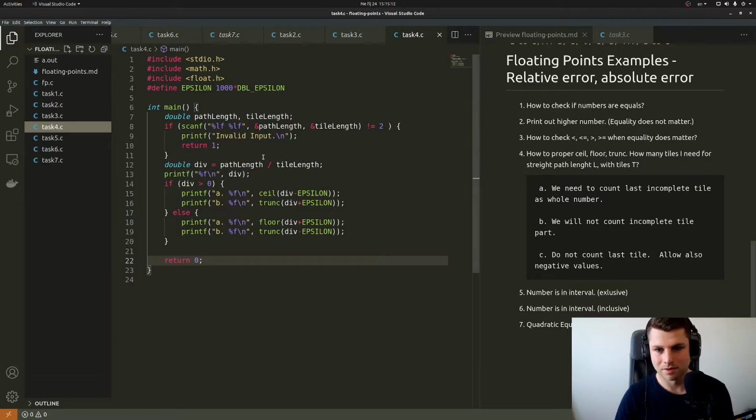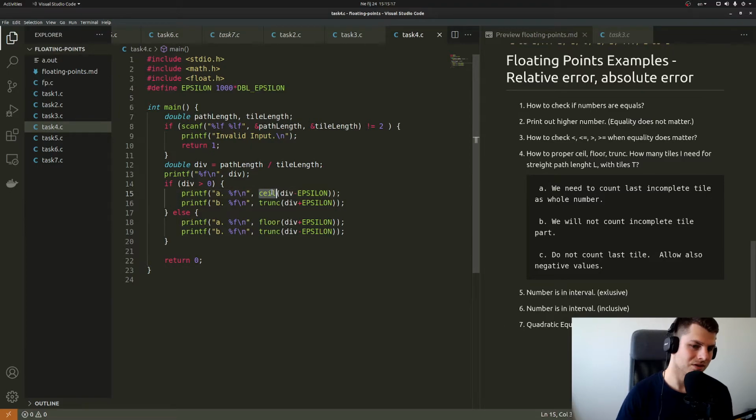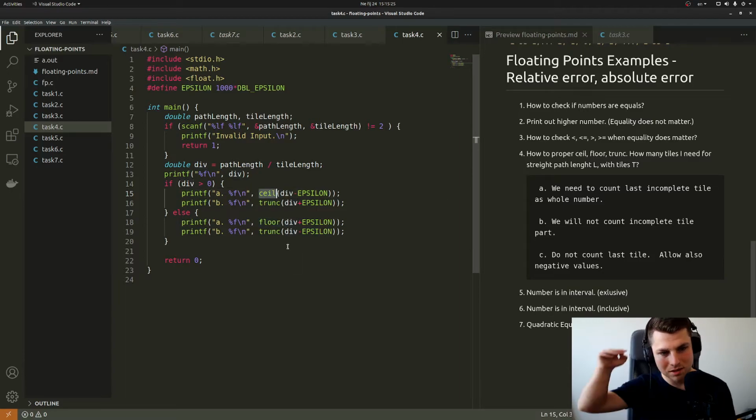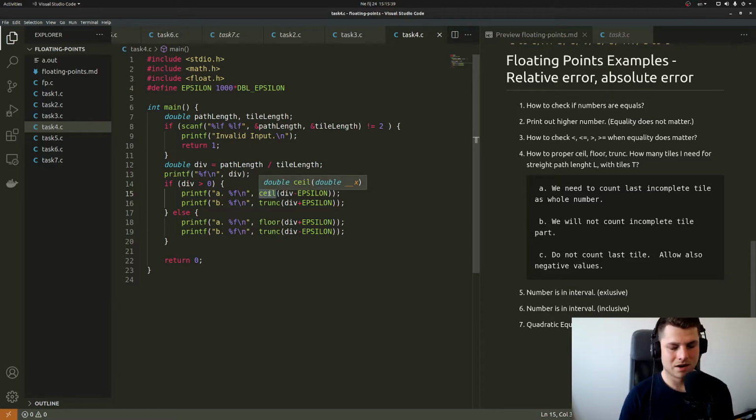Then this is about ceiling and flooring. Whenever we have ceiling of some number which may be a bit ugly, the ceiling will find the closest higher integer if the number is not an integer. So ceiling of 1.1 will be 2. The problem is when it's actually 1, but a little bit higher than 1.